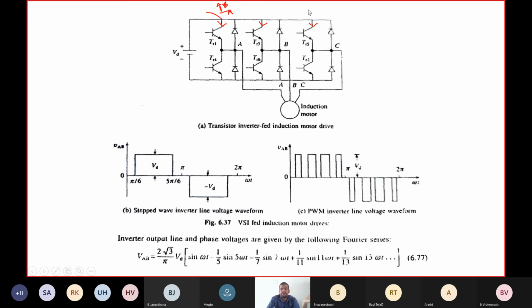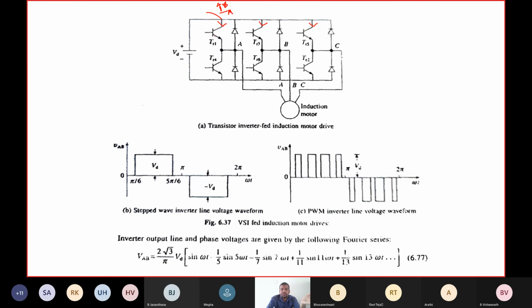These are our phase A, phase B, phase C. For the time being I am considering phase A. All three currents are sinusoidal, differentiated by 120 degrees phase.